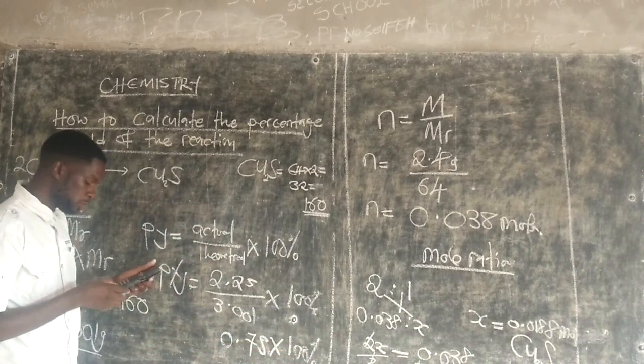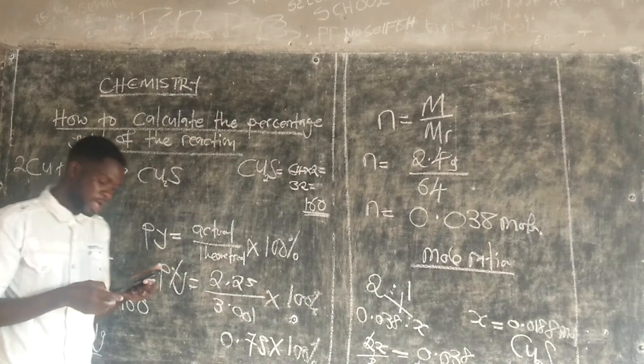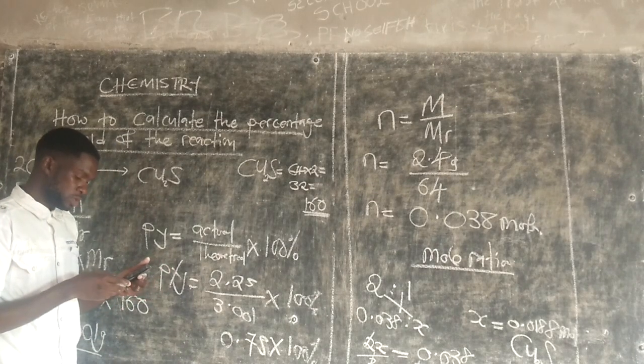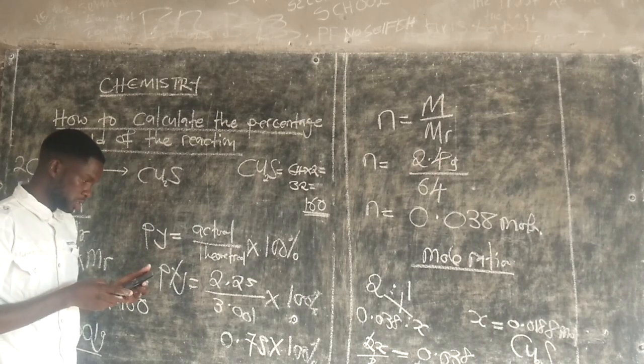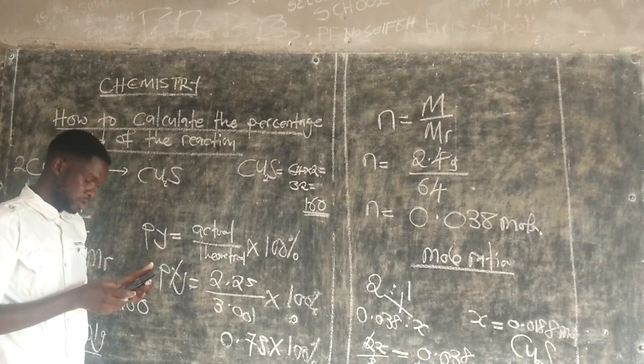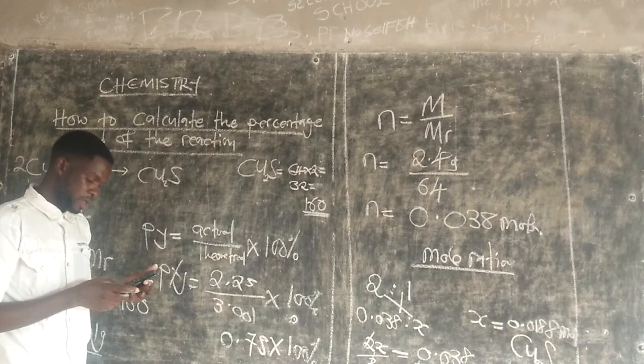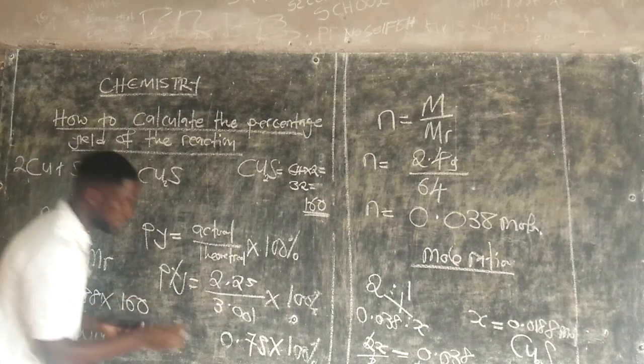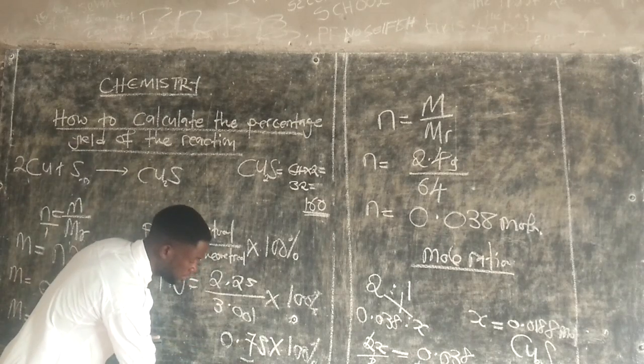So we take the answer multiplied by 100%. So 0.75 multiplied by 100, we are going to have 75 as our percent. So 75%.